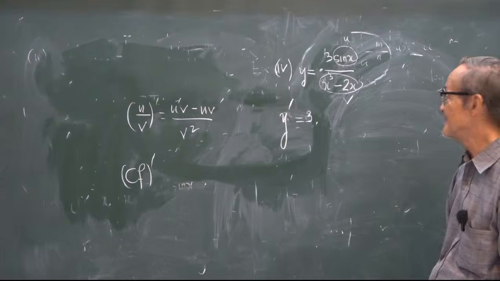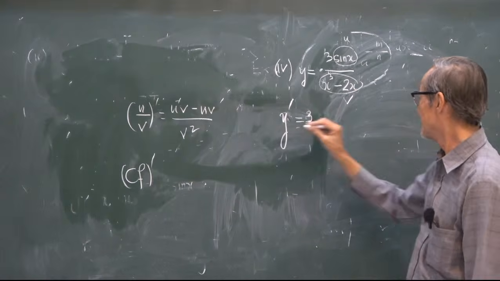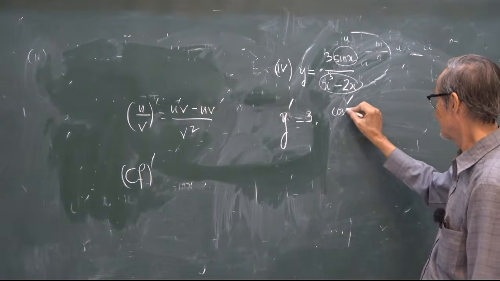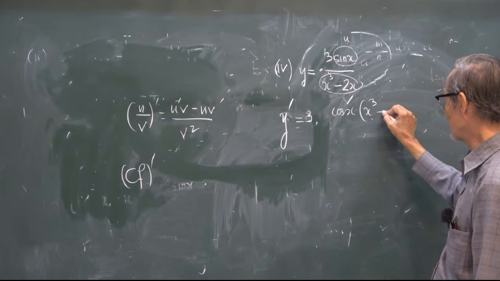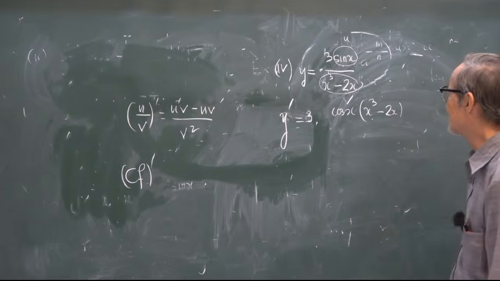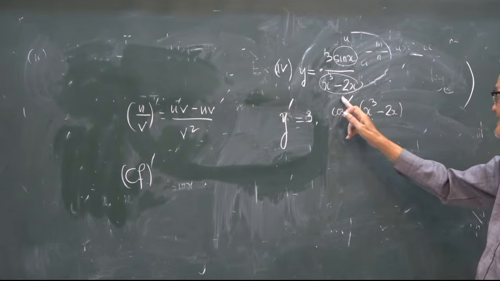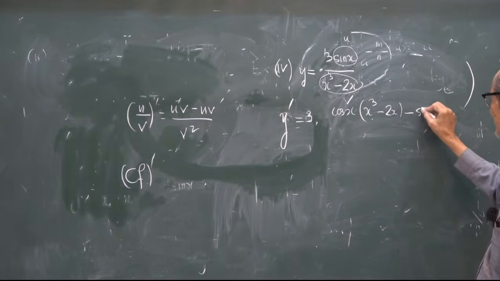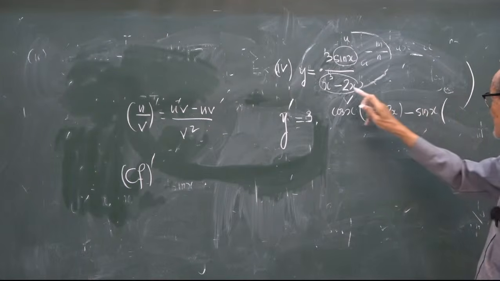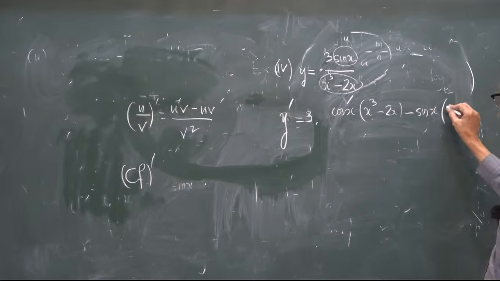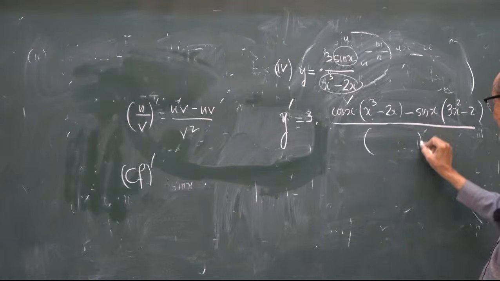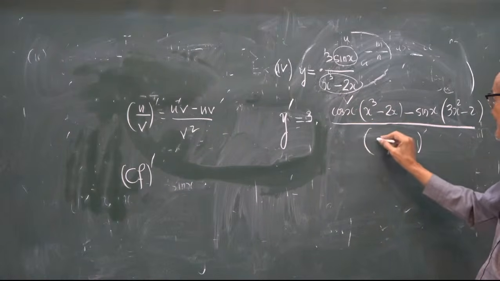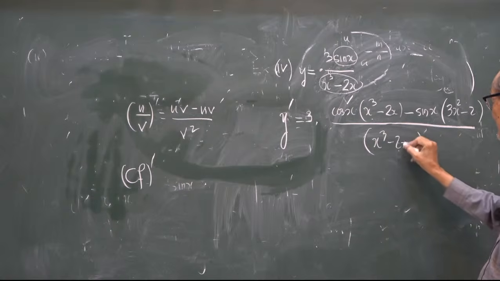Okay, U prime is cos, V is x power 3 minus 2x, U prime V minus U V prime, where V prime is 3x squared minus 2, over V here to the power 2.